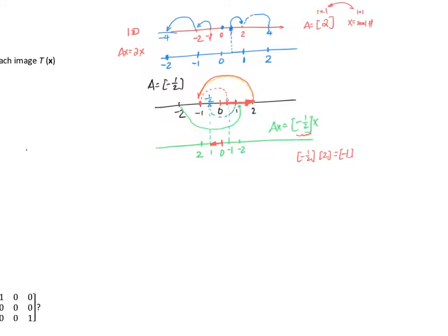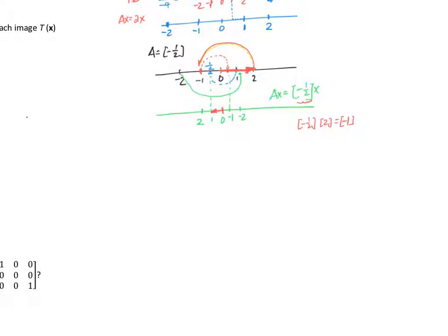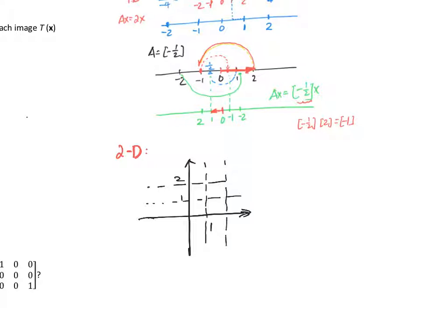Now, what about in two dimensions? I'm not sure if I have covered enough material or not, but I feel that it's good to show you some examples so that you have some idea what some transformations actually do. So in two dimensions, suppose this is your 1, this is your 2, this is your 1, this is your 2, and so on.